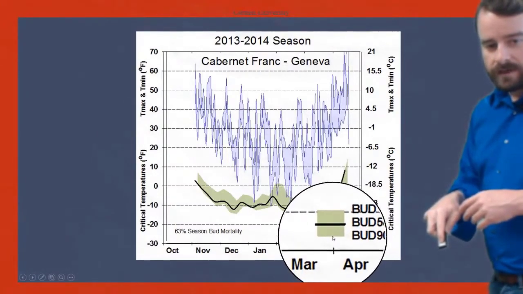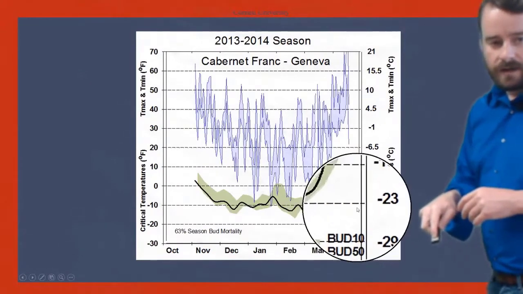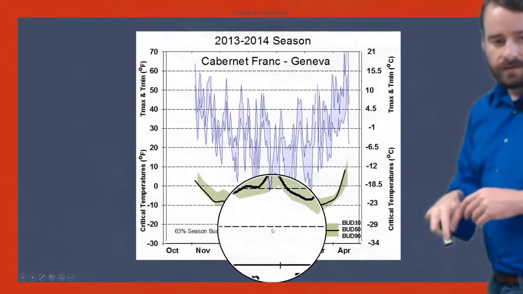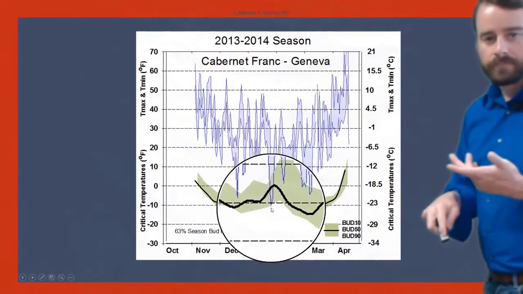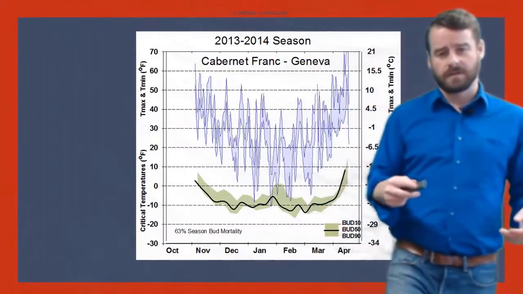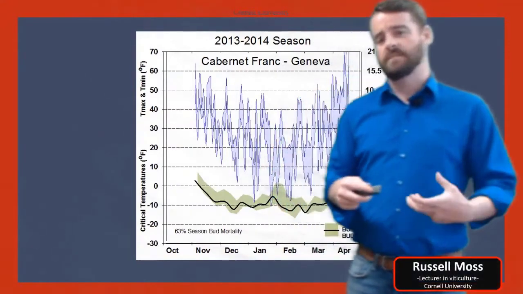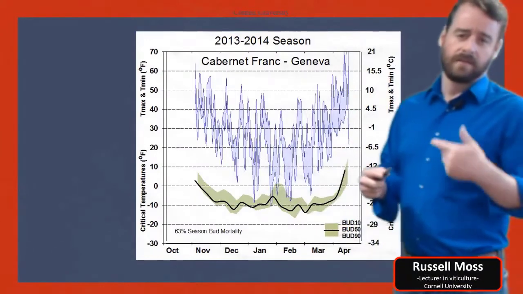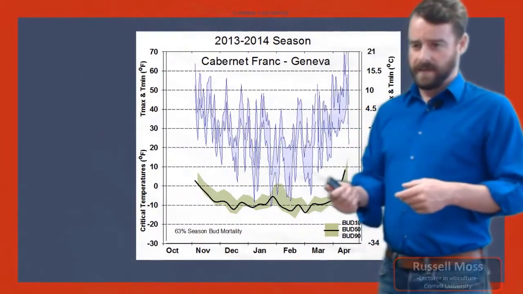And then once you go to the end of the green there, then 90% of your buds have died. And here in the 2013, 2014 data, you can see in January they get to that LTE 90, right? So that was a pretty severe event, and there were a lot of vineyards that got impacted. A lot of dead vines that year as well, not just dead buds, but dead vines. So the 2014 vintage here in the Finger Lakes was much smaller than normal because of that event.